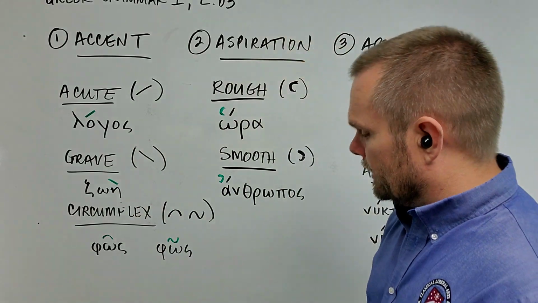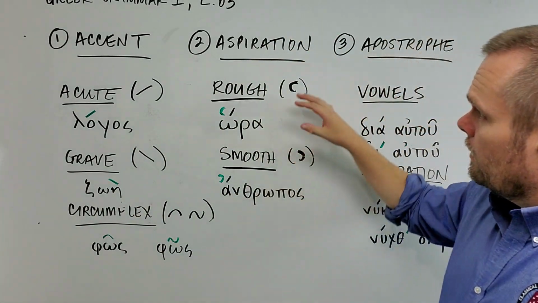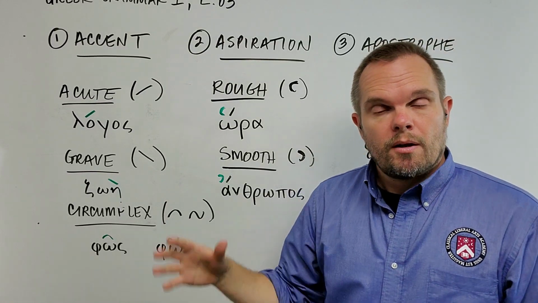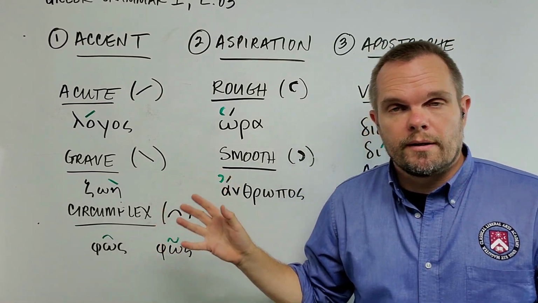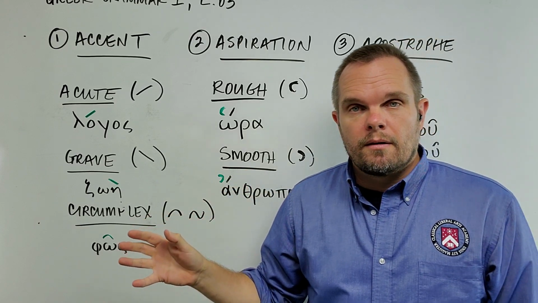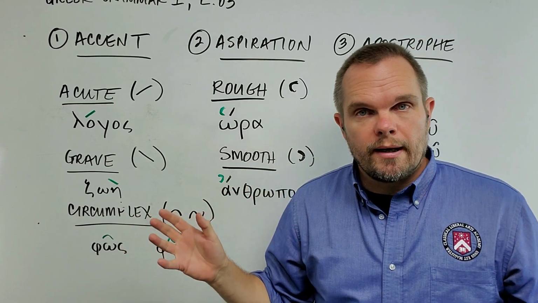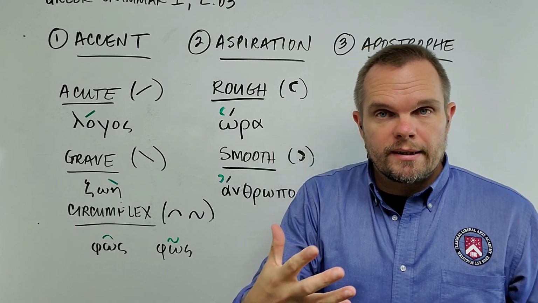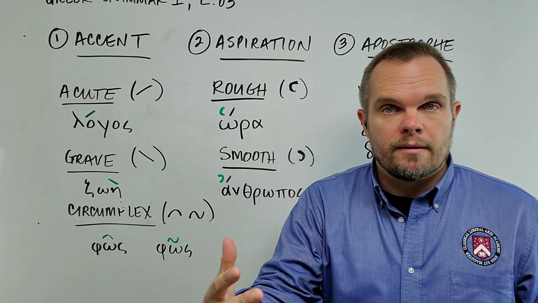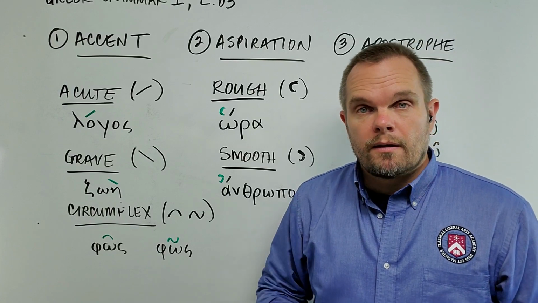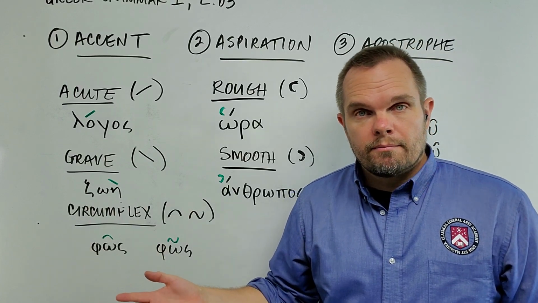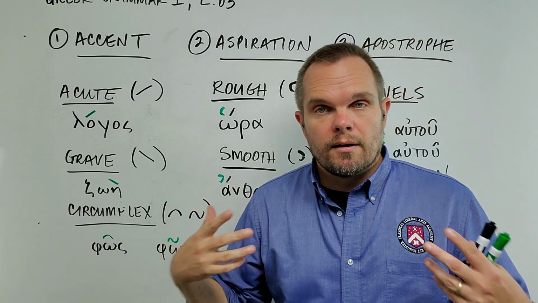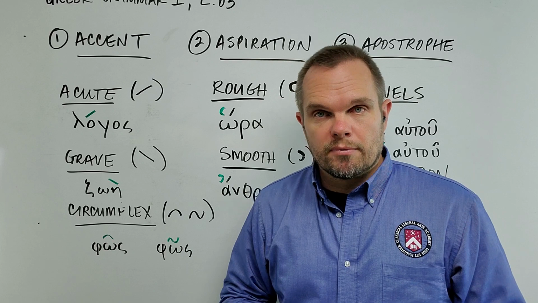Next we have aspiration. Aspiration has to do with breath on a syllable. When we went through the Greek alphabet, you should have noticed that there's no letter H. In English, we have the letter H, which makes a breath sound, like happy. In Latin, they have the same letter, which makes that rough, aspirated breath.